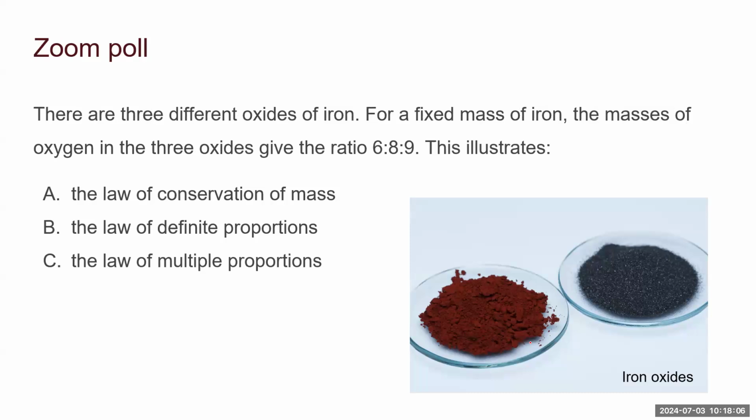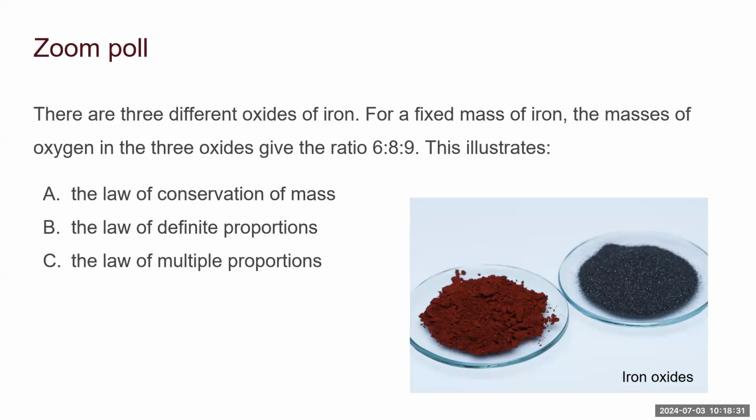Now, here, there are 3 different oxides of iron. For a fixed mass of iron, the masses of oxygen in 3 different oxides give the ratio 6, 8, 9. This illustrates A, the conservation of mass, B, the law of definite proportions, or C, the law of multiple proportions.